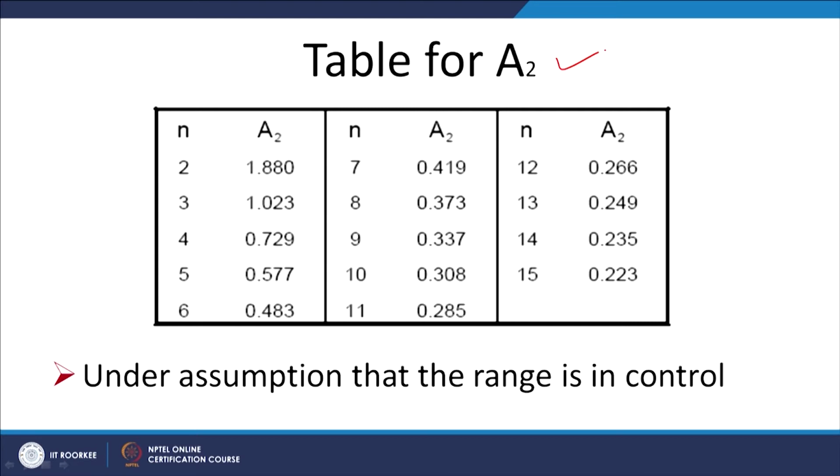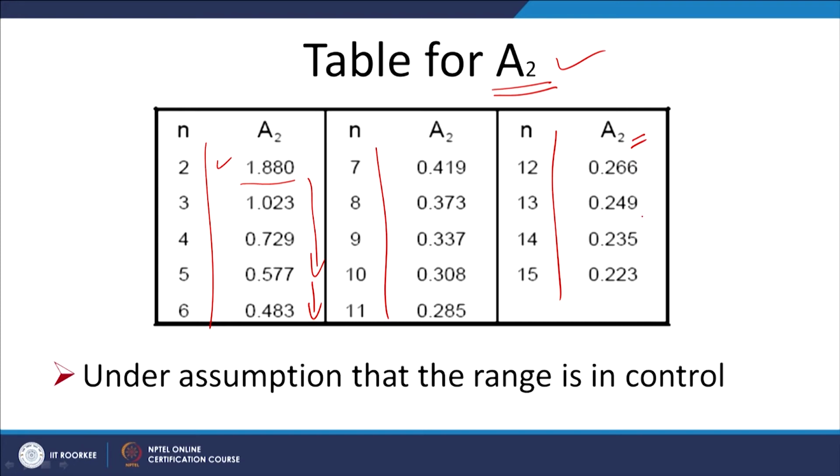So, this is the typical table which will help us in getting the value of A2 using the different sample sizes. When the sample size is 2, the value of A2 is 1.88 and this value will keep on decreasing. We can see that increasing the sample size decreases the value of A2, which means when the sample size is lower, the coefficient value is higher, so the upper and lower control limits will be very wide and far away from the center line value.